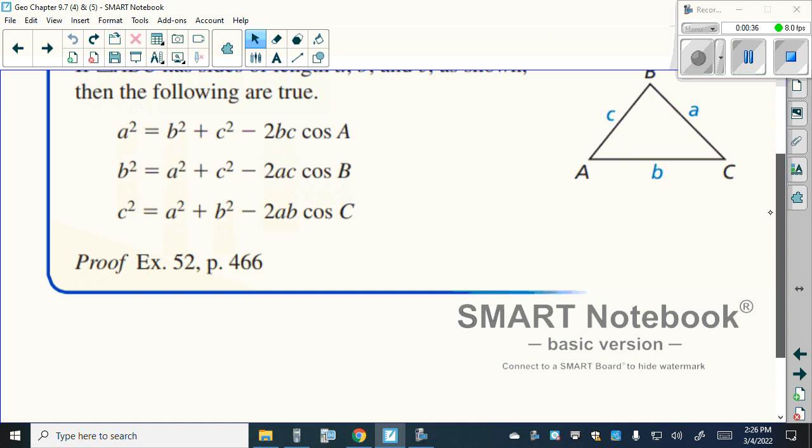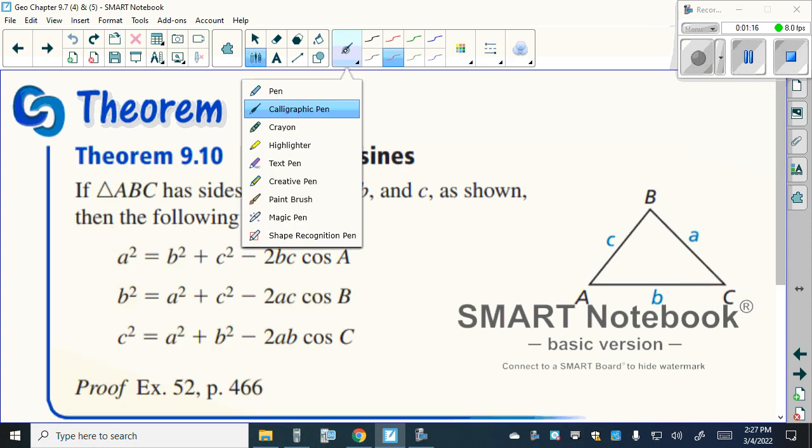Now, law of cosines has three basic versions to find the missing sides. We have that a squared is equal to b squared plus c squared minus 2bc cosine of A, or that b squared is equal to a squared plus c squared minus 2ac cosine of B, or that c squared is equal to a squared plus b squared minus 2ab cosine of C. No matter which side we're solving for, it's only contained on the one side.